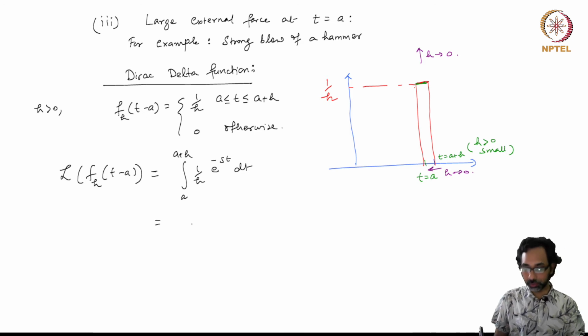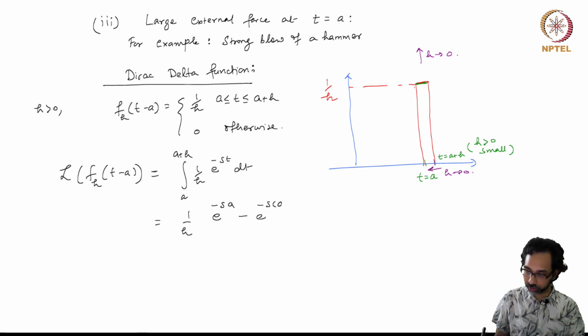One can easily compute this, and you get 1 over h on the outside, and e to the power minus sa minus e to the power minus s(a plus h), over s.